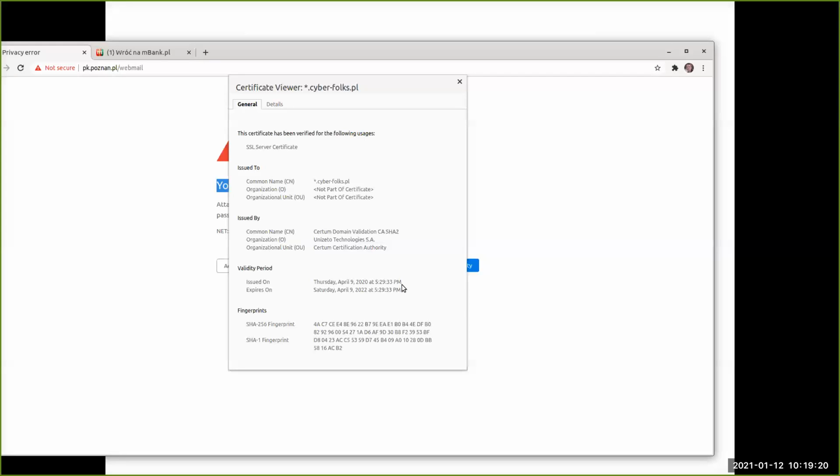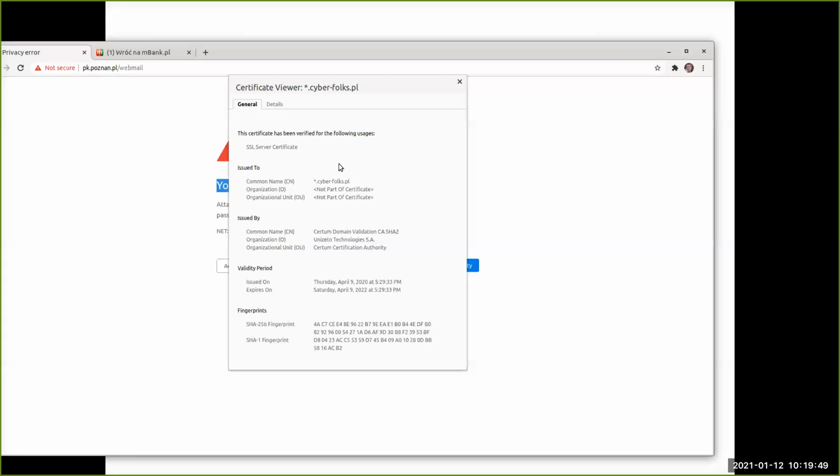I have generated the certificate on my own, and therefore it is not confirmed by a CA, but it is used to encrypt and decrypt data. So even if there is a certain risk that there is a man in the middle, the data is encrypted.